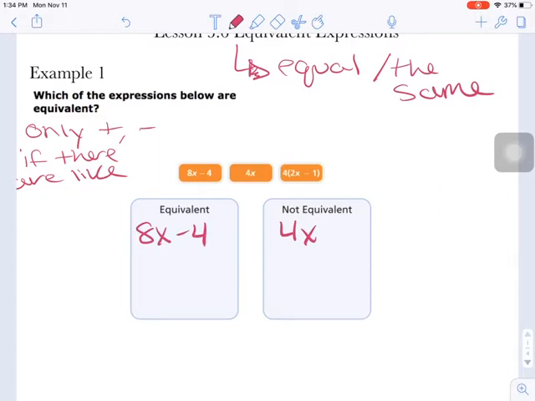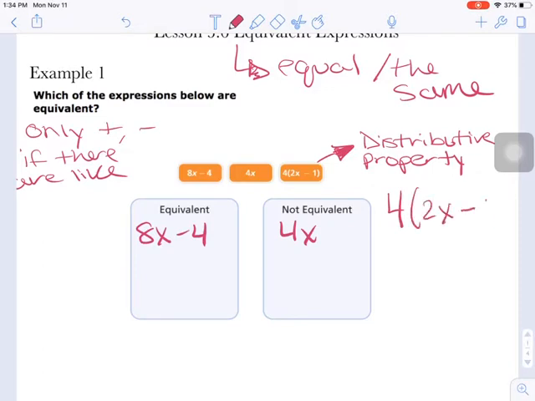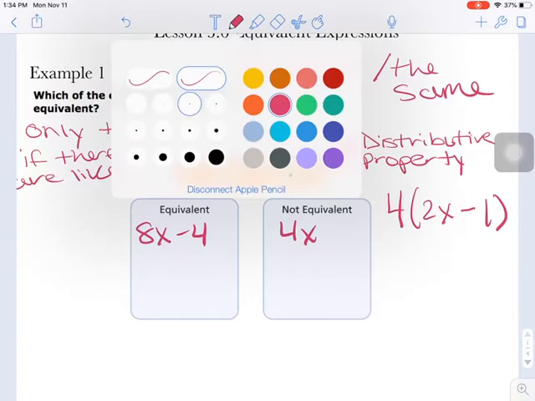So our last expression, if you notice, has parentheses. Because it has parentheses, we want to use the distributive property to be able to simplify. What the distributive property means is that you're taking whatever's on the outside of the parentheses, in this case it's 4, and you're distributing it to everything on the inside of the parentheses.